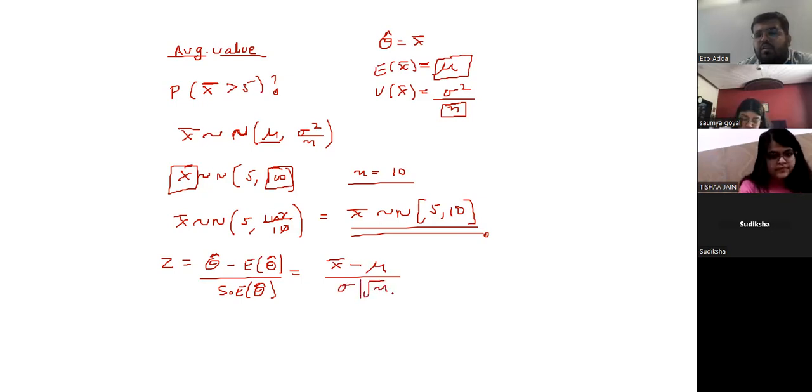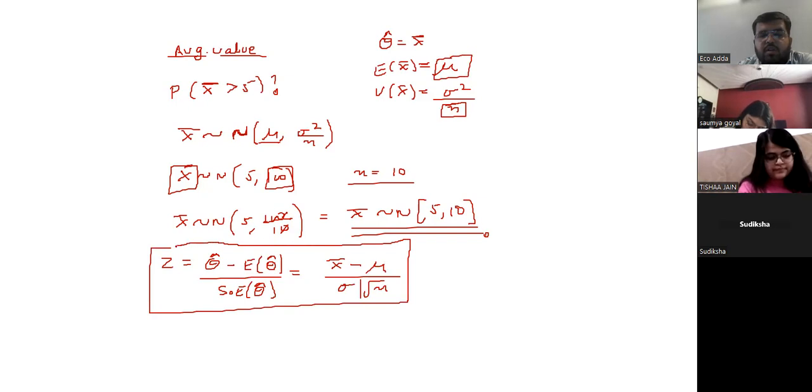This is the formula for z. Any doubts, anyone? The standard error of theta hat is sigma upon root n, right? Correct. In this case, theta hat means x bar. Perfect. Any more doubt, anyone?